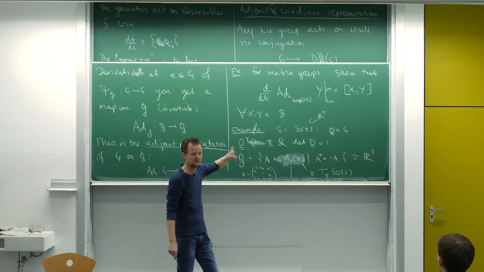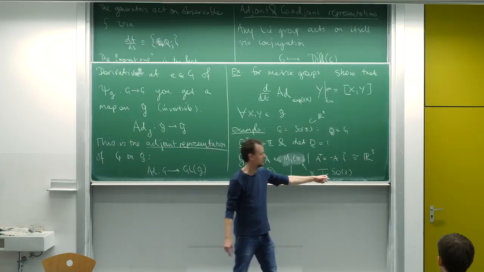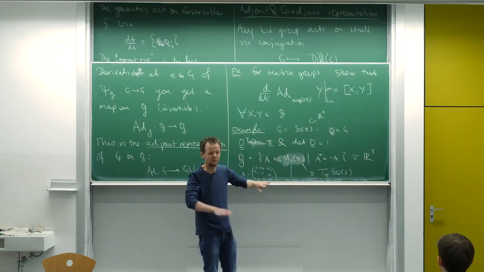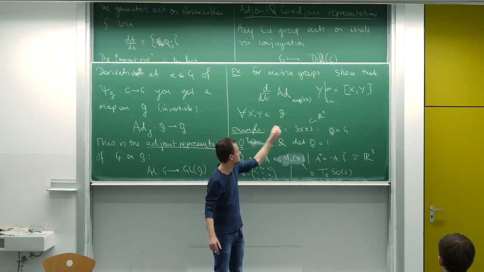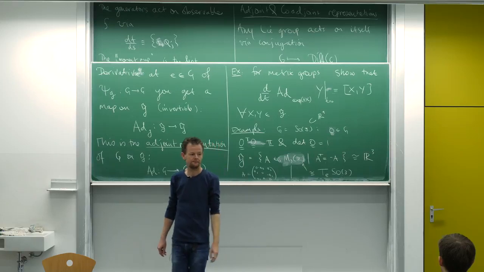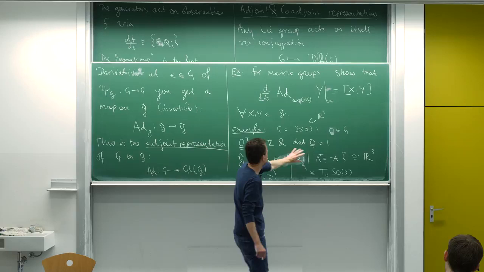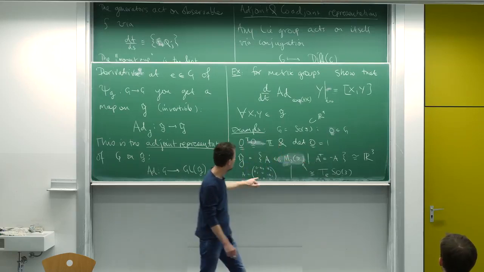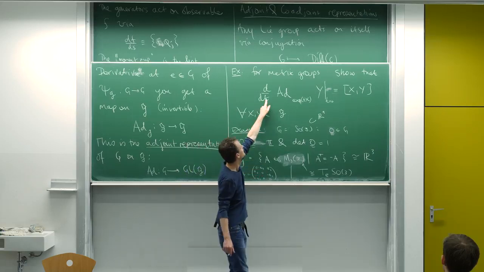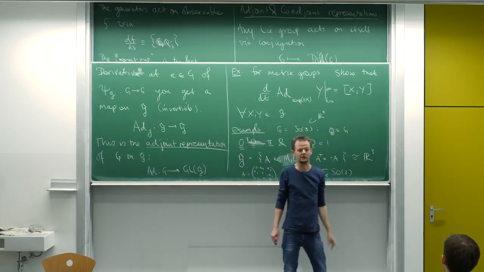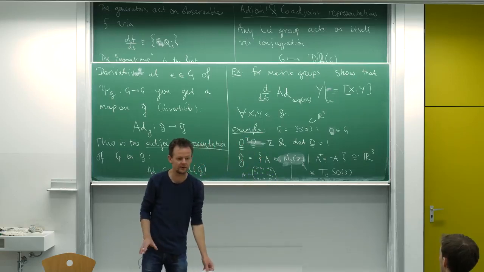So you can think of SO3 as a submanifold of R9, and then you can work out the tangent space there. If you work through all these equations, they turn into linear constraints on the tangent vectors, which are none other than those constraints there. And this tells us what the Lie algebra is: this 3-dimensional space of skew symmetric matrices. Then you can apply this formula here to study the adjoint action of the orthogonal group on itself. We'll say a bit more about that before the end of the lecture.